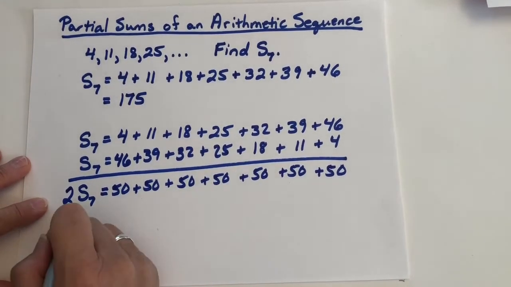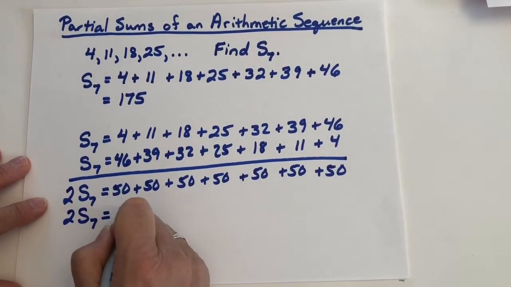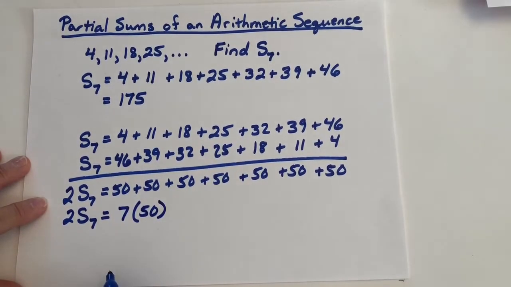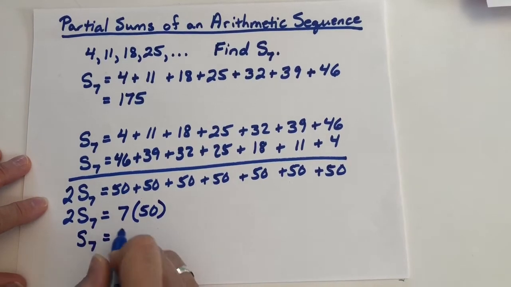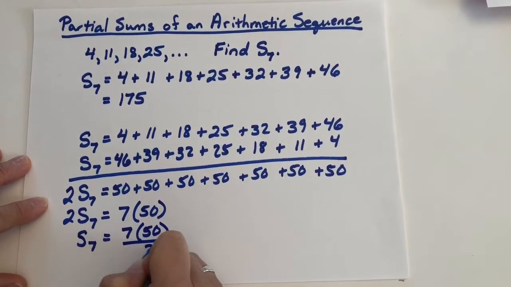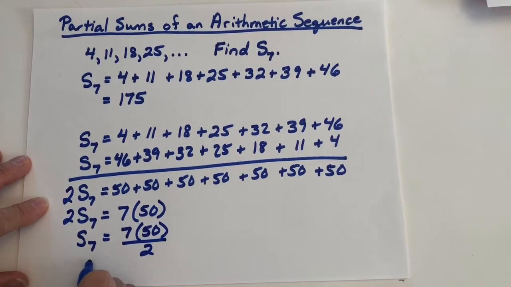So we have 2 times the 7th partial sum is equal to 7 times 50, or the 7th partial sum is 7 times 50 divided by 2. And if you do the arithmetic here, you'll see that you have 350 divided by 2, which is 175.